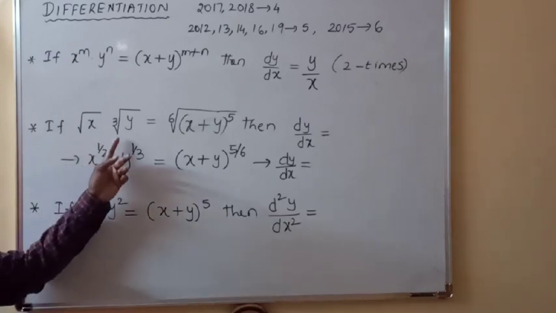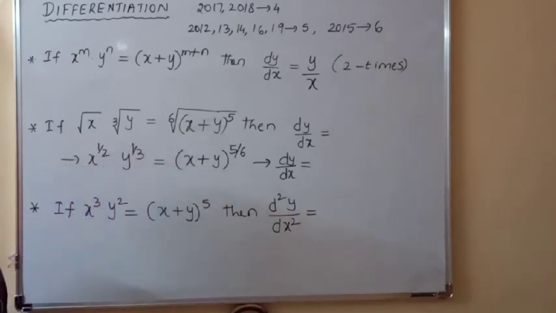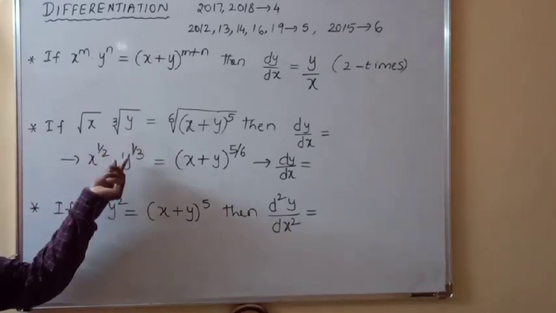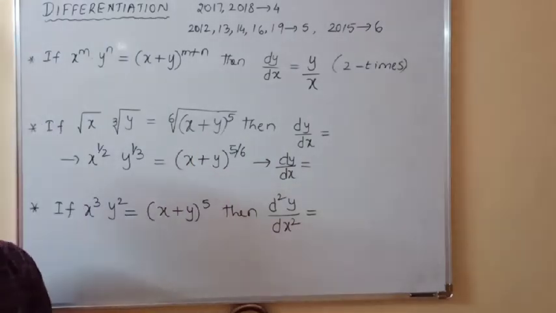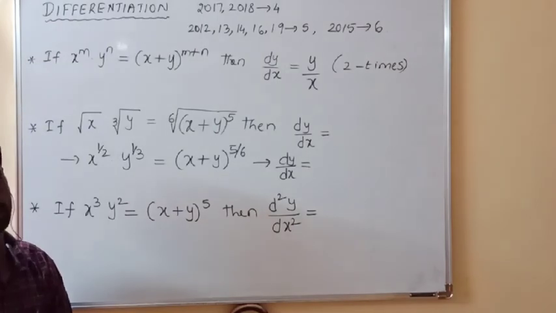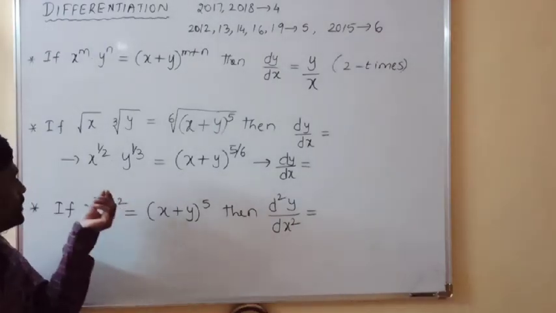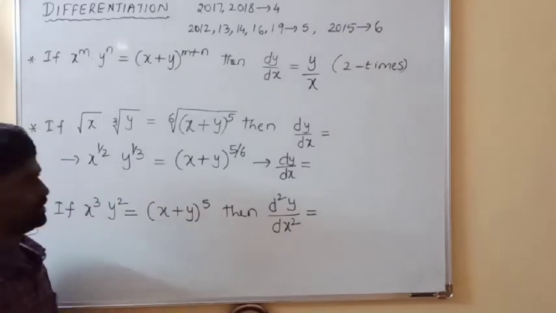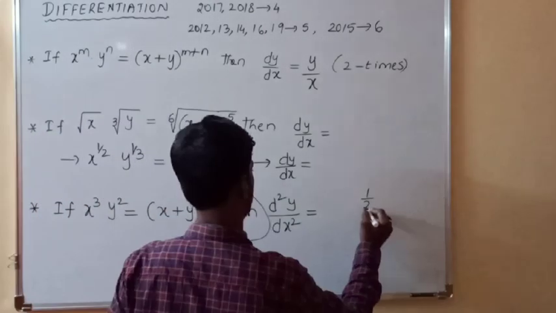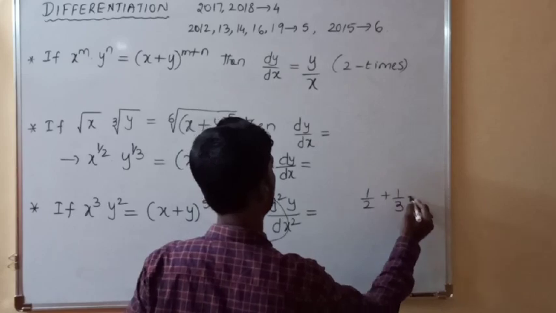Next year's question. Square root of x into cube root of y is equal to the 6th root of (x plus y) whole power 5. The square root of x can be written as x power 1 by 2. The cube root of y can be written as y power 1 by 3. The 6th root of (x plus y) whole power 5 can be written as (x plus y) power 5 by 6. If you observe, what is the LHS degree? 1 by 2 plus 1 by 3.